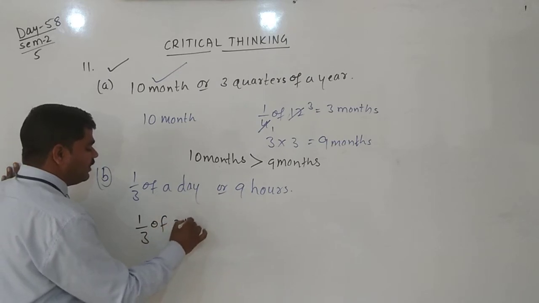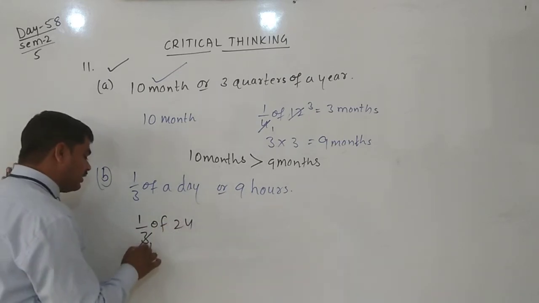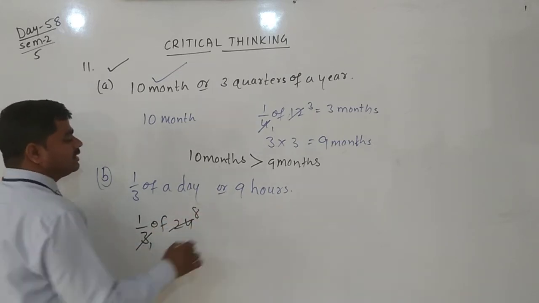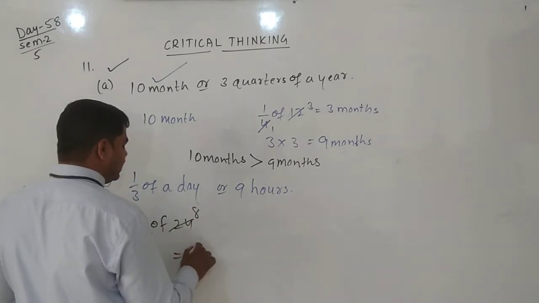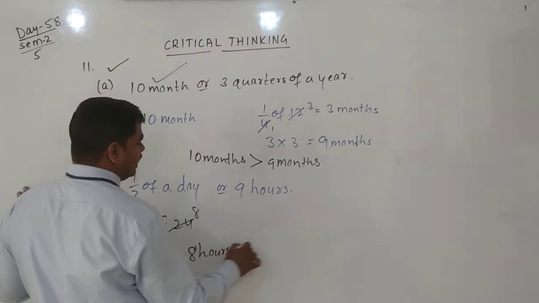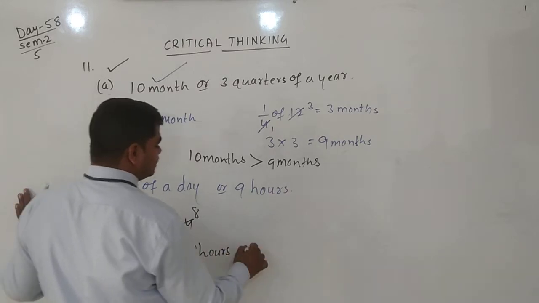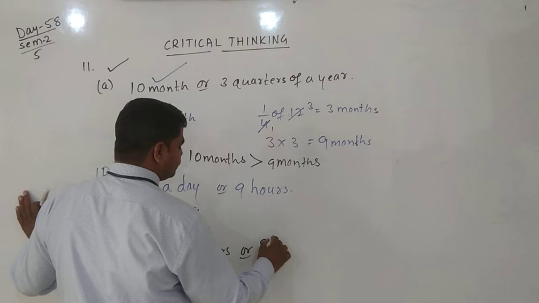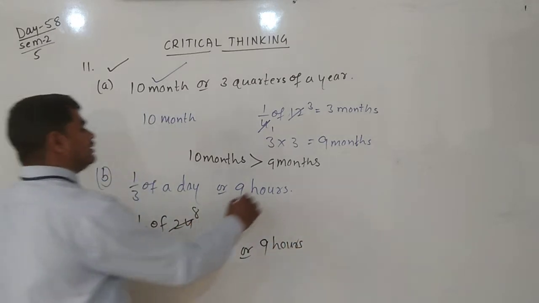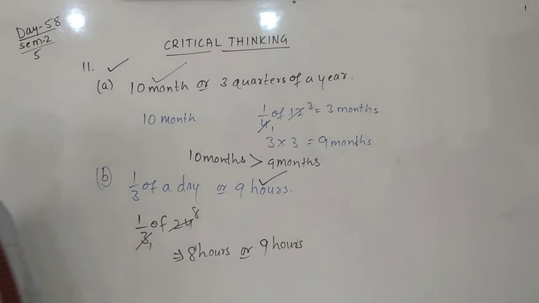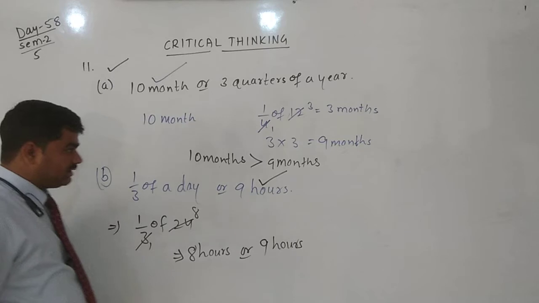Then 1/3 of 24: 3 eights are 24, so it is 8 hours. Here this is 9 hours. Which is greater? Tick 9 hours. Write like this only.